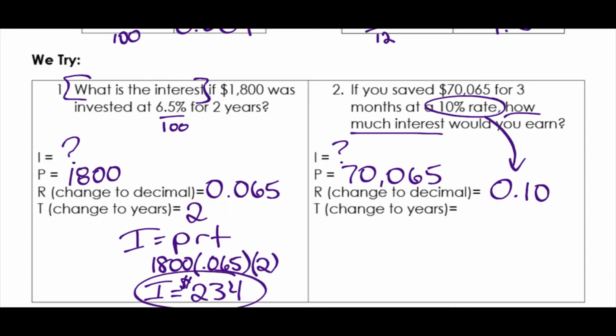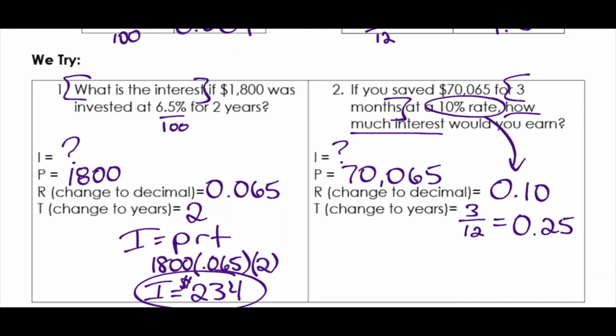That's always going to be a percent. You have to change it into a decimal. And in this one, they're telling us it's 3 months. We're not using 3. We're using 3 months in terms of years. 3 divided by 12. It's 1/4 of a year, or 0.25.